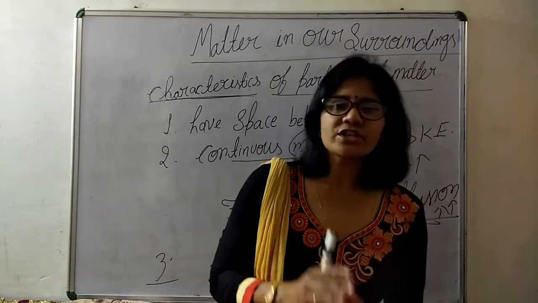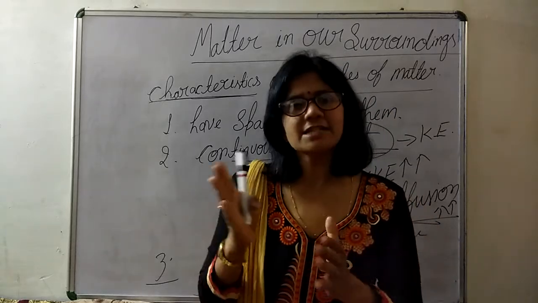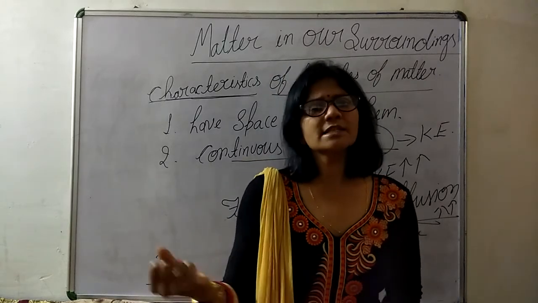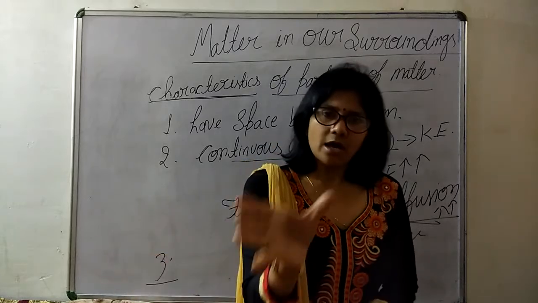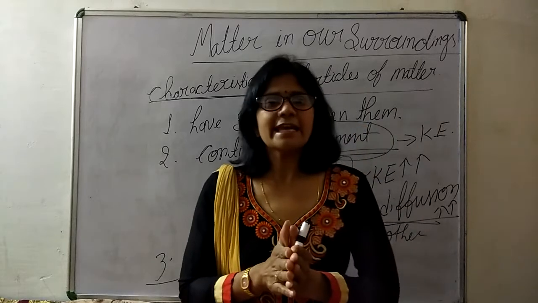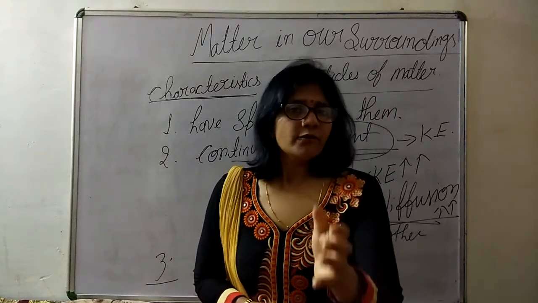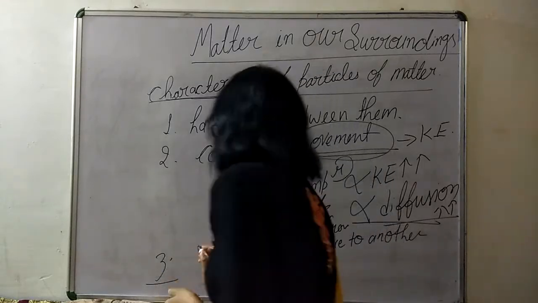But this attraction varies from one matter to another. We can hold someone tightly and we can hold someone very loosely. It depends on kinetic energy also, but to make any matter, all the particles attract each other.